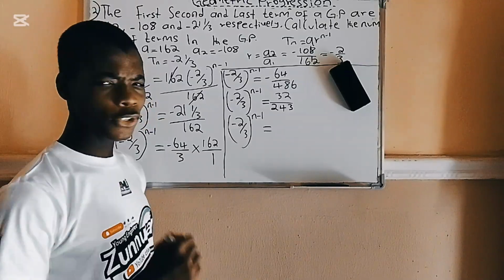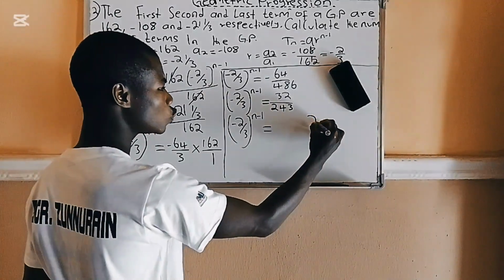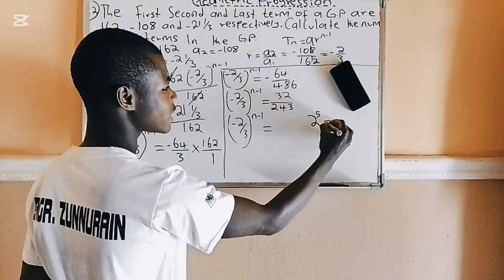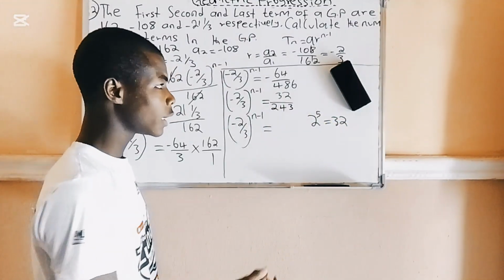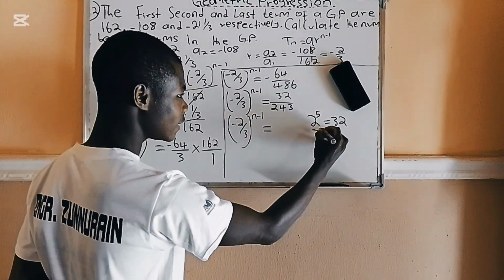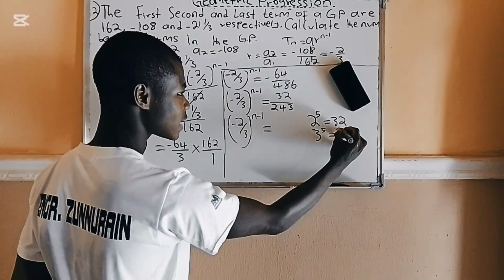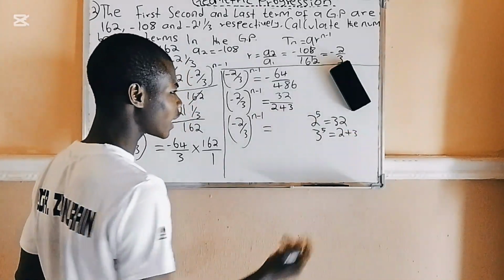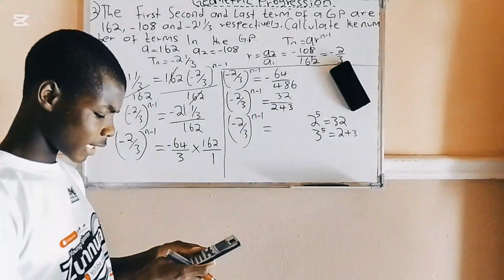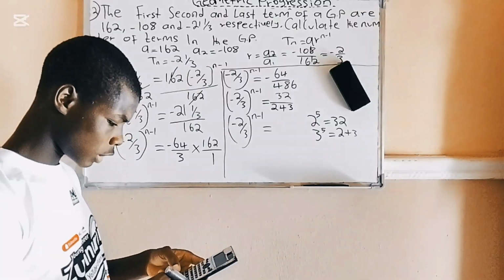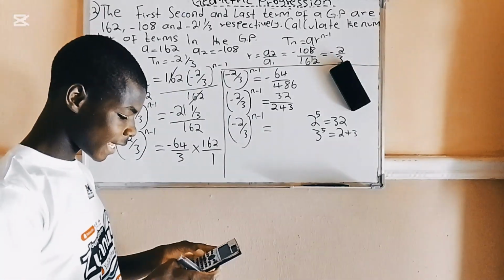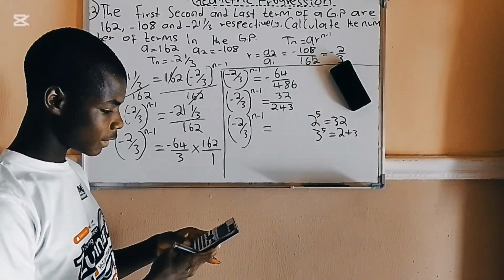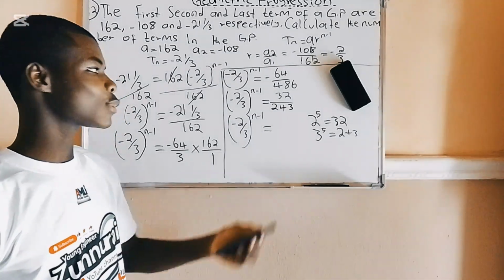But have you noticed that 2 power 5 is the same thing as 32, and 3 power 5 is the same thing as 243? Did you agree? Let's check it. 2 power 5 is the same thing as 32, and 3 power 5 is also the same thing as 243.